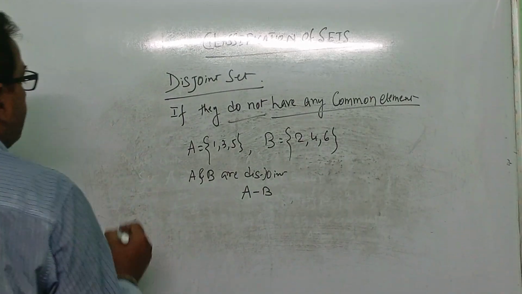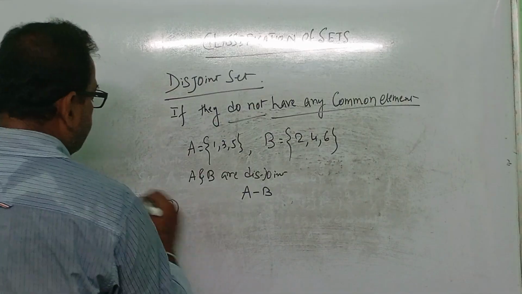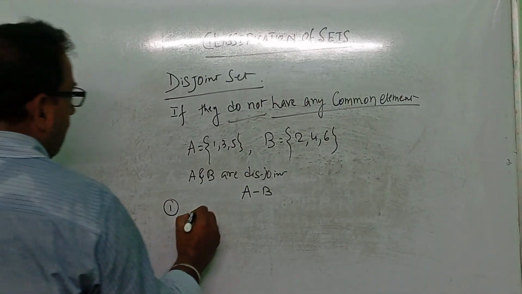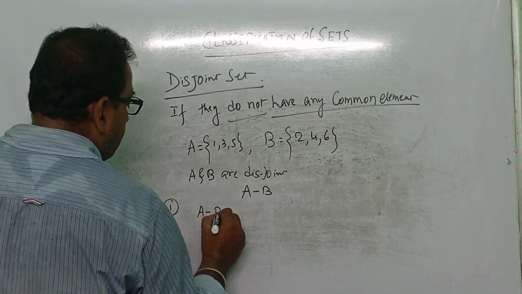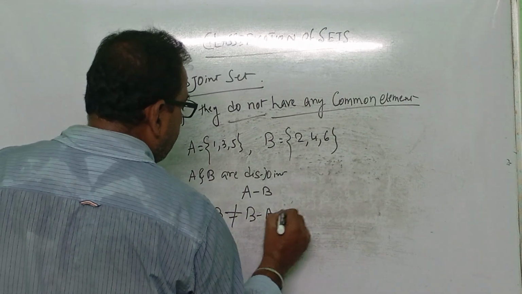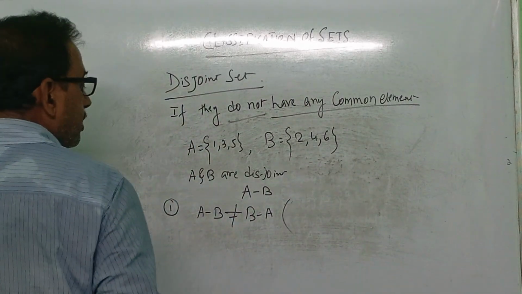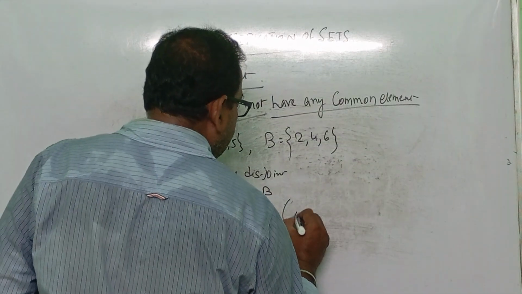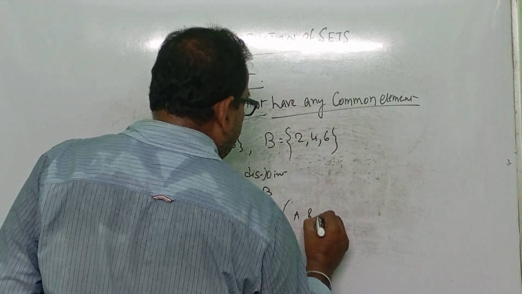Now here is a condition. A minus B is never B minus A, unless A and B are null sets.